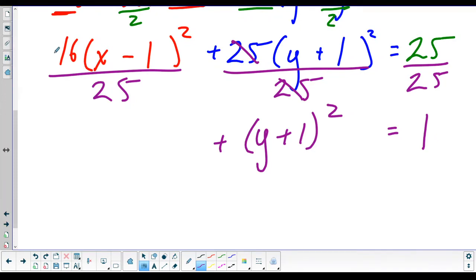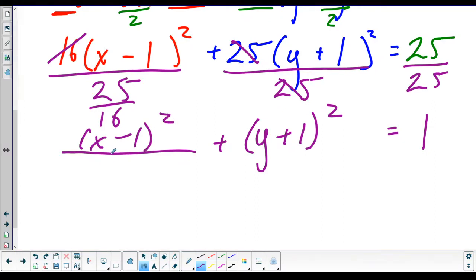So we need to bring the 16 down here. And the way you do that is you're going to just put it underneath the 25. All right. So this is x minus 1 squared over 25 over 16.